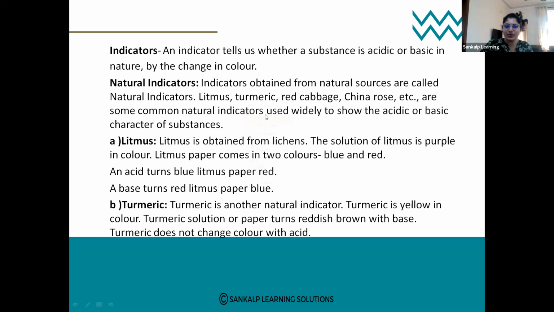So this is about litmus paper. Remember, the solution of litmus is purple in color, and the paper comes in two colors, blue and red. It shows whether a given solution is basic or acidic in nature.